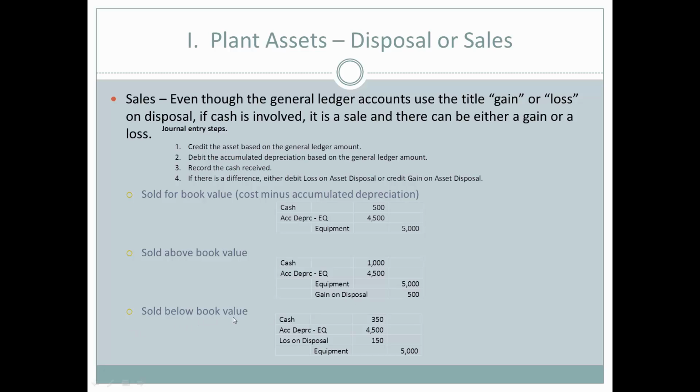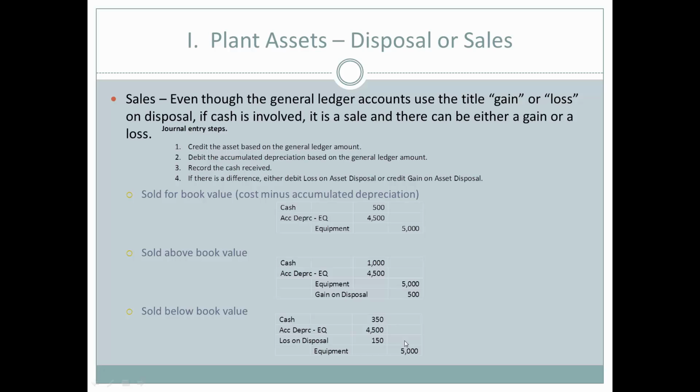Now, what happens if we sell it below book value? Well, again, we will credit the asset, debit accumulated depreciation, credit the cash that we received for the asset. Now we see that our debits are $5,000, our cash is $350. Accumulated depreciation, $4,500.